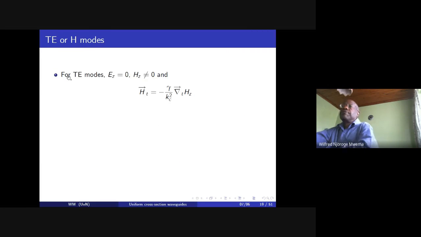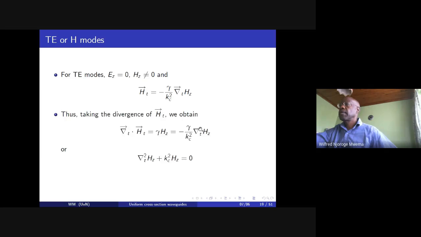So for the H modes, Ez is now equal to 0, Hz is not equal to 0, and we can therefore write the transverse magnetic field intensity in terms of the gradient of the Z component of Hz, or the axial component of the magnetic field intensity, in that form.